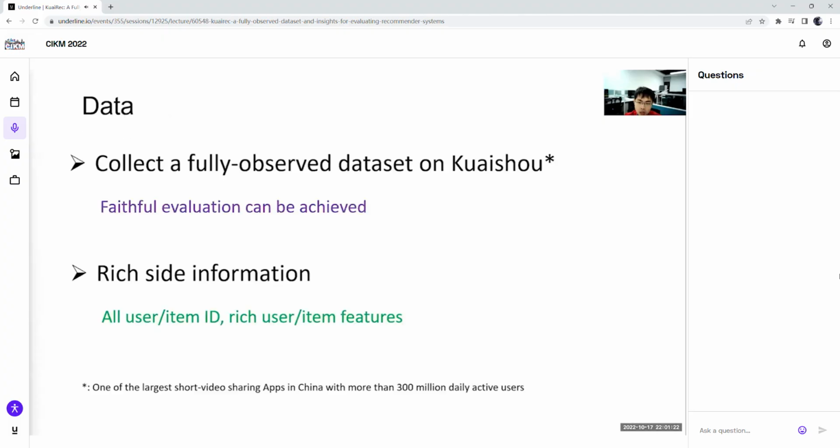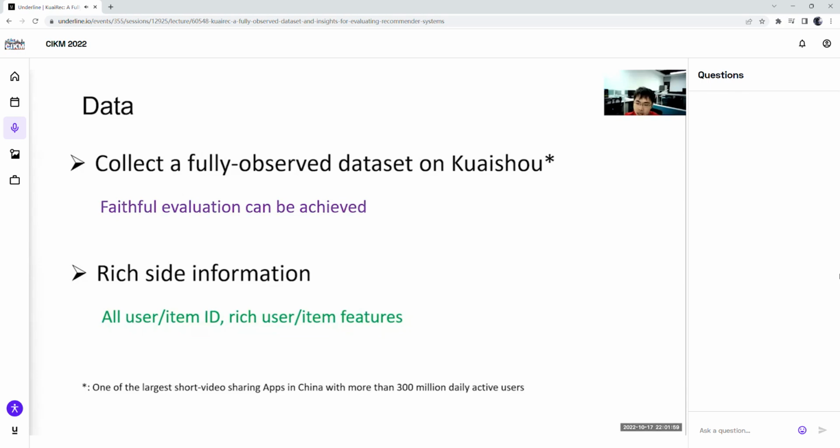So to fundamentally solve these challenges, we propose to collect a fully observed dataset on KuaiRec, which is one of the largest short video sharing apps in China with more than 300 million daily active users. Here, fully observed means that each user has seen all the items in the dataset and given their feedback. That means we know users' preference on each item and are able to accurately simulate users' behaviors to conduct a faithful evaluation.